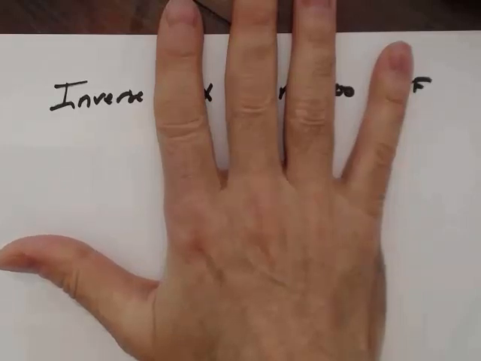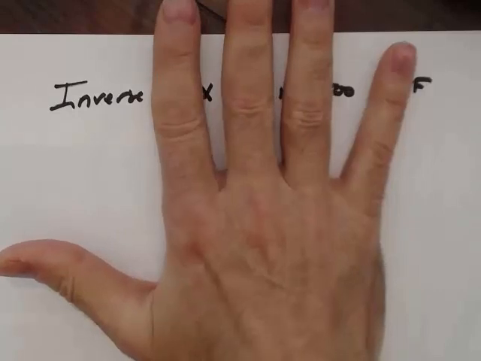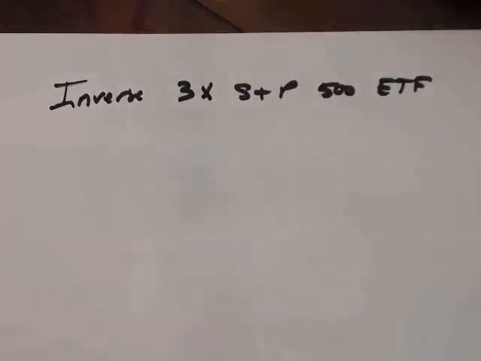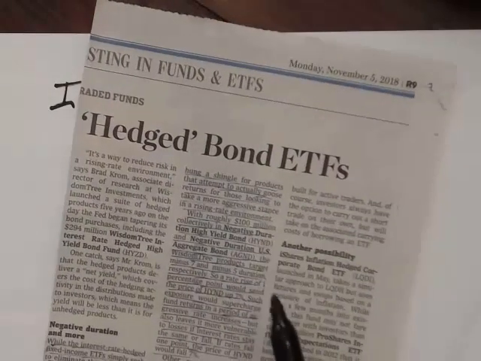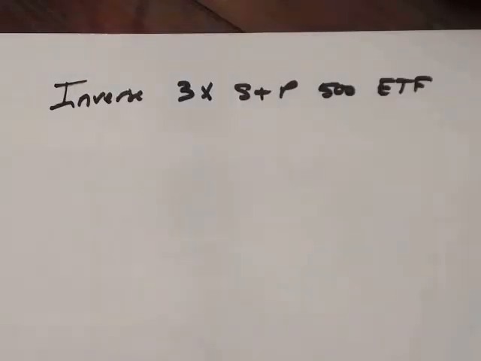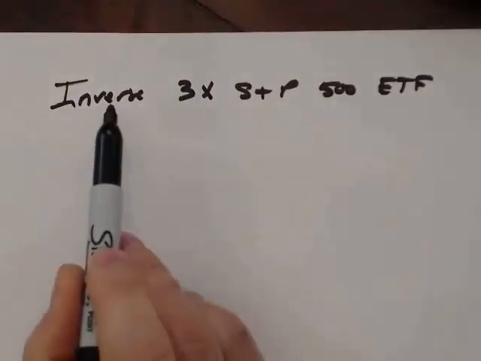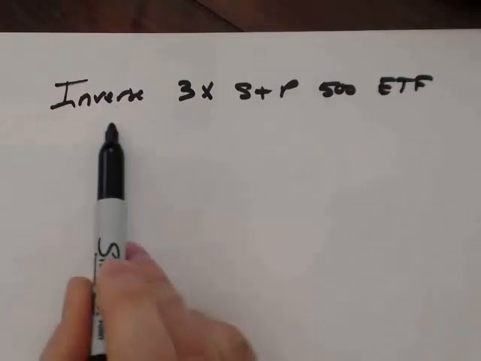Basically, when the market goes up, you're going to lose money, and if the market goes down, you're going to make money. Now, that's exactly what was being discussed here in the Wall Street Journal article where they talked about negative duration bond portfolios. Negative duration. Well, that's what we're doing here. We're taking negative betas, basically. That's what the inverse is saying.